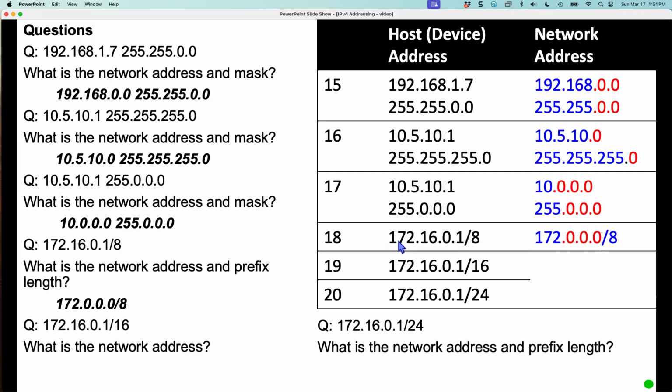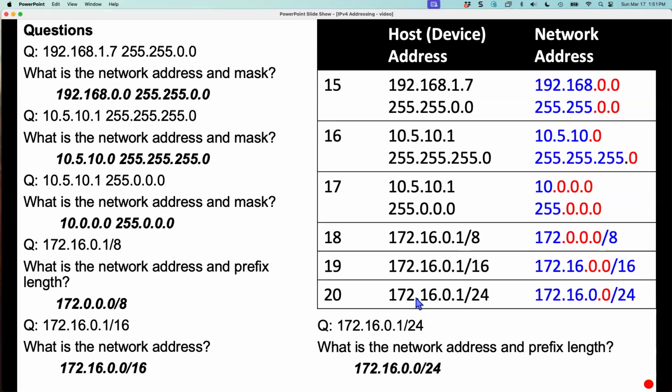That means just the first 8 bits signifies the network. So the next 24 bits would be for our host portion, and all 0 bits would be the network address. How about here? Here we're saying just the first 16 bits identifies the network. So 172.16.0.0 would be the network address, all 0 bits in the host portion.